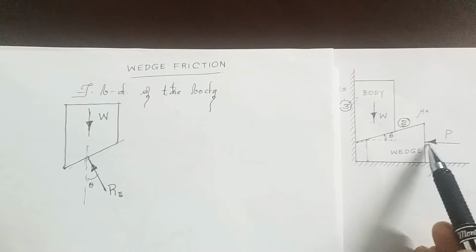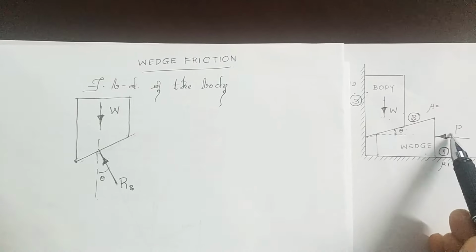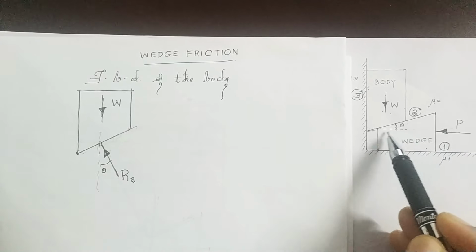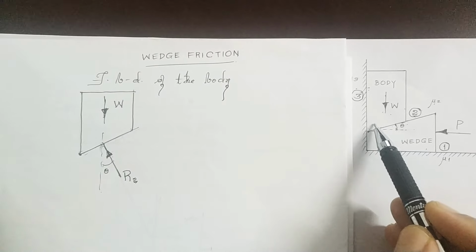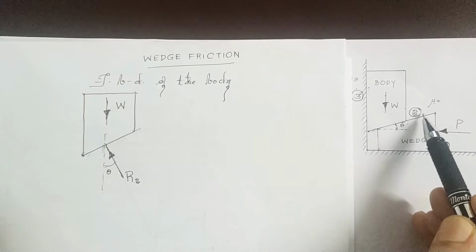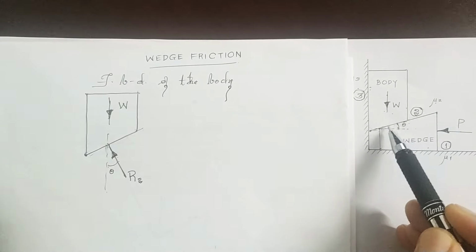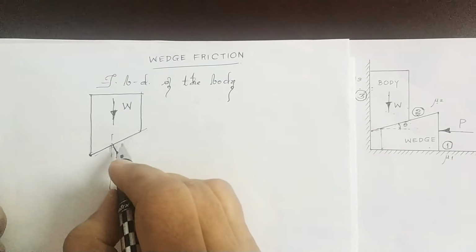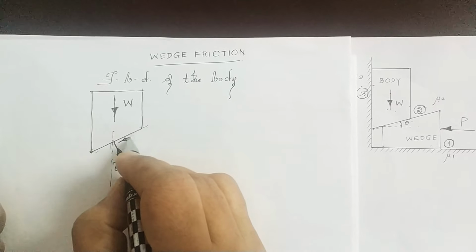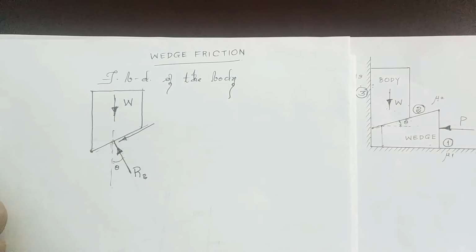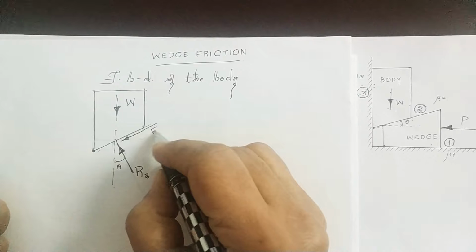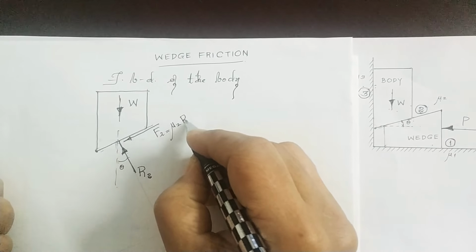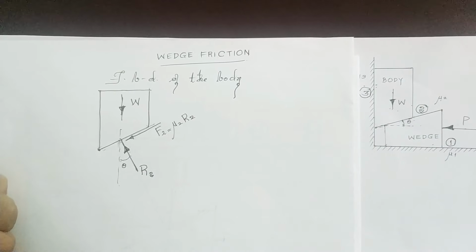When the wedge is driven towards the left, as shown with the force P, the body would slide upwards. When the body slides upwards, the friction would act downwards along the surface of contact. So this would be the friction that is developed, and we know that F2 is equal to mu2 R2. Alright.